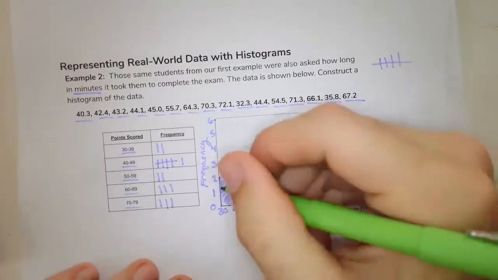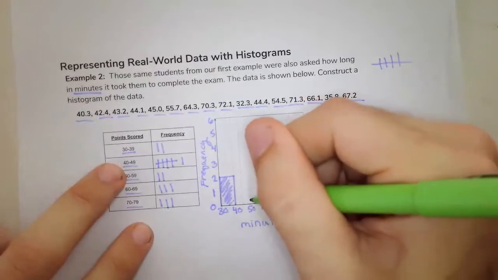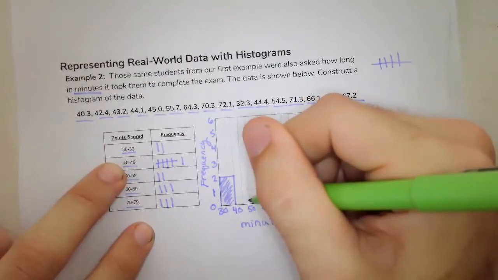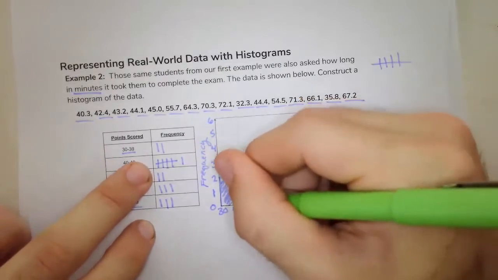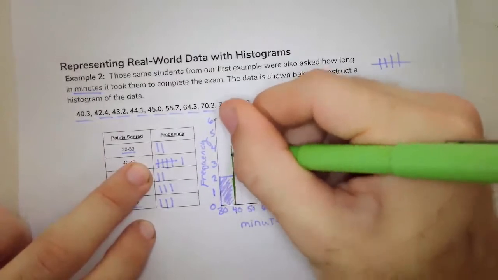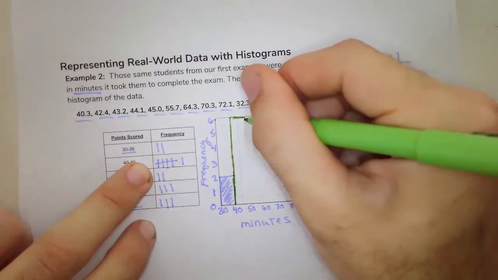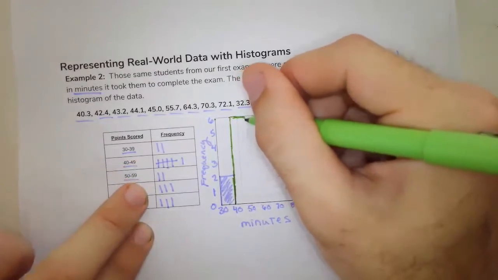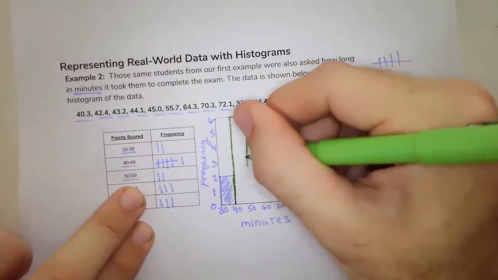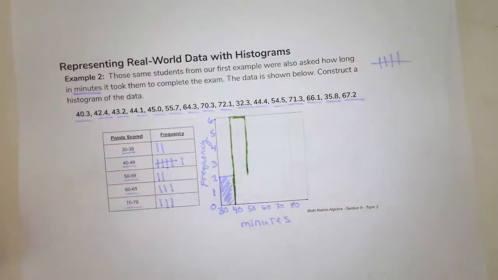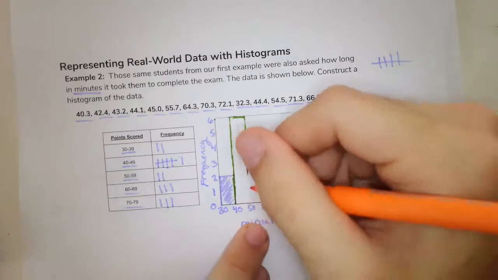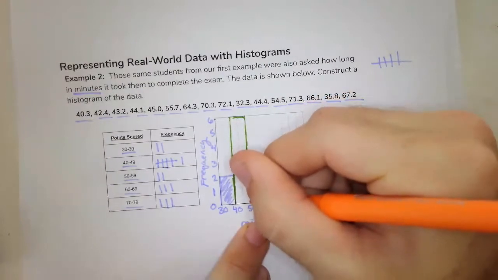I'm going to change colors just so you can see. From 40 to 49, that's going to be 6. So it's going to go all the way up here. Now you're going to see why I'm stopping right here in just a second. Changing colors for 50 to 60. That happens twice.